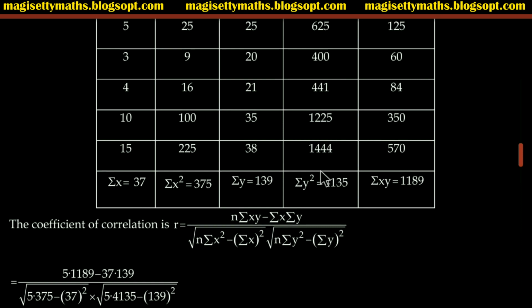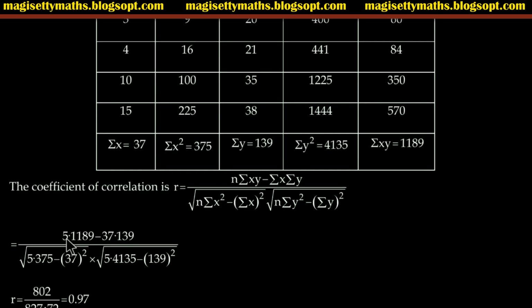Now the coefficient of correlation is given by R equals n into summation xy minus summation x into summation y, divided by square root of n into summation x square minus summation x whole square, into square root of n into summation y square minus summation y whole square.